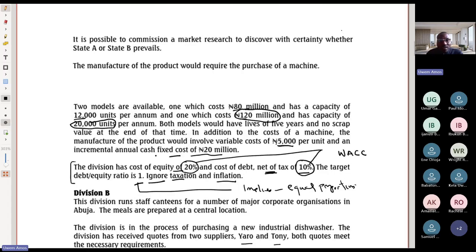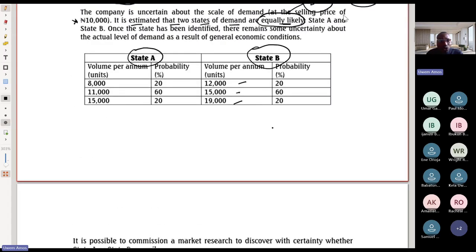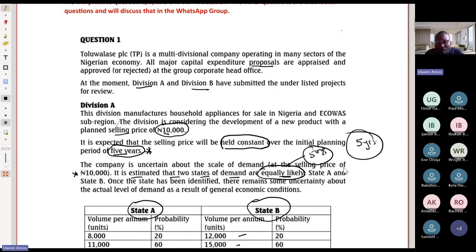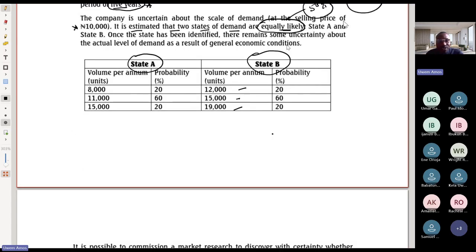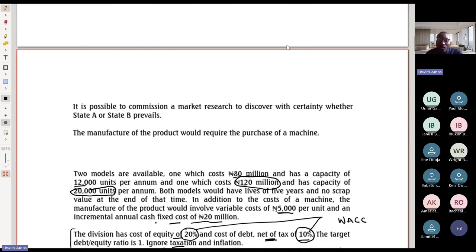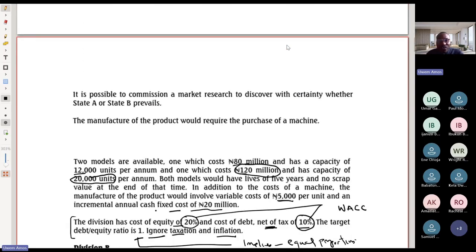Basically we had the company with 2 proposals from 2 divisions. We'd have the first division, which is division A, and then the second division, which is division B. The key consideration in this question is that they were looking at purchasing a machine for production, and they considered 2 models.